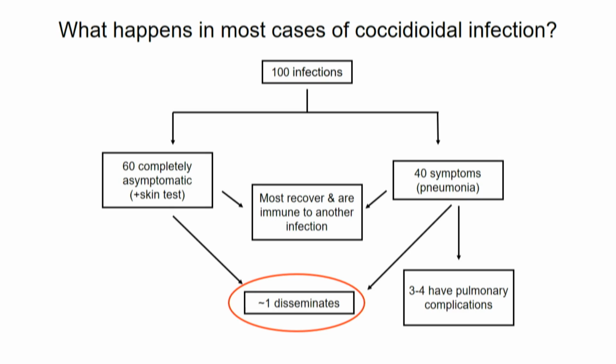However, this small number with extrathoracic dissemination will come from either group. So you can have a completely asymptomatic individual disseminate later, or you can come from that group. So they come from both groups.